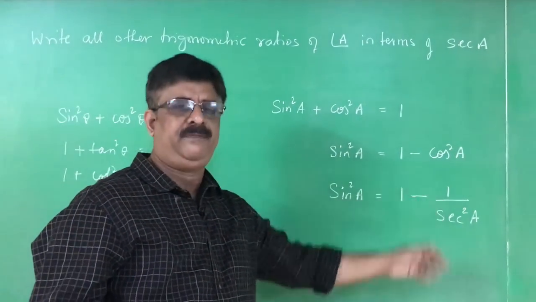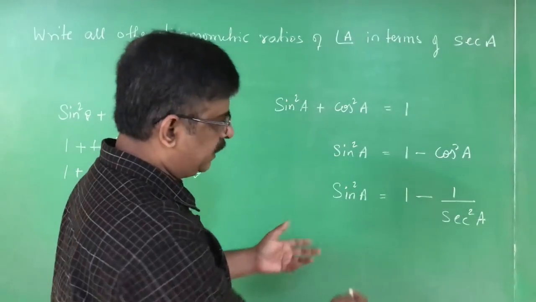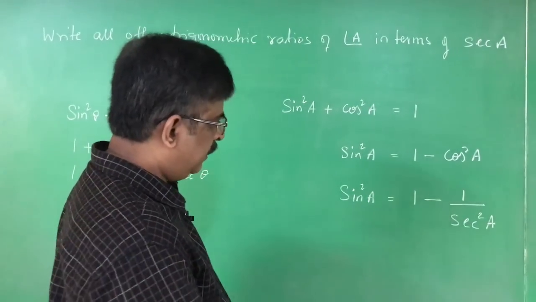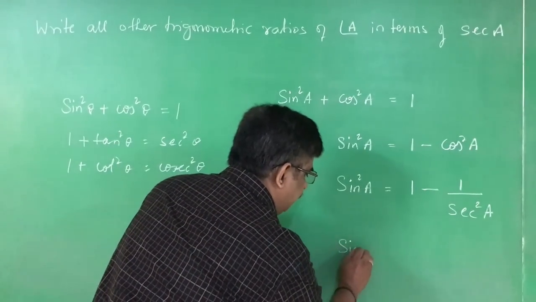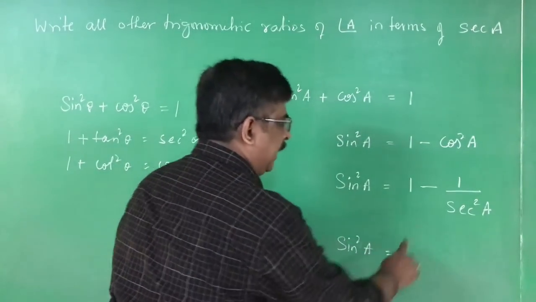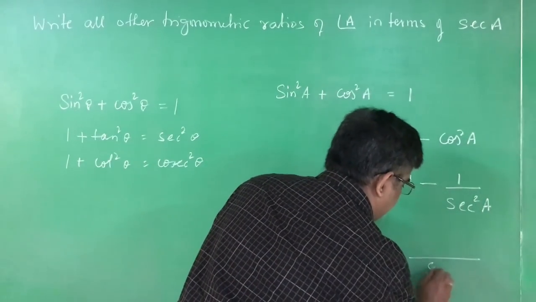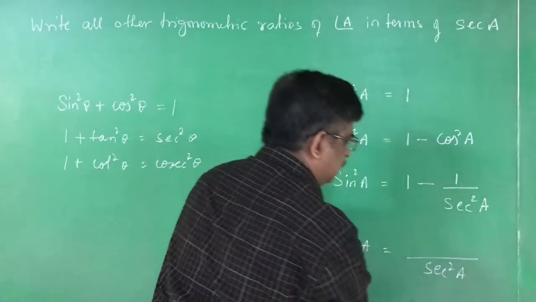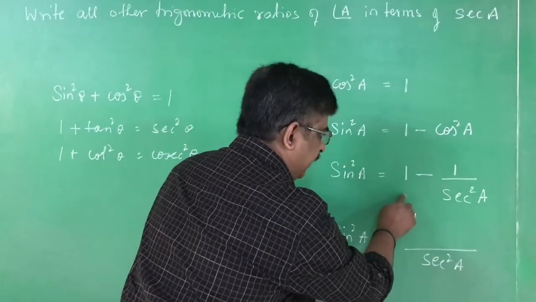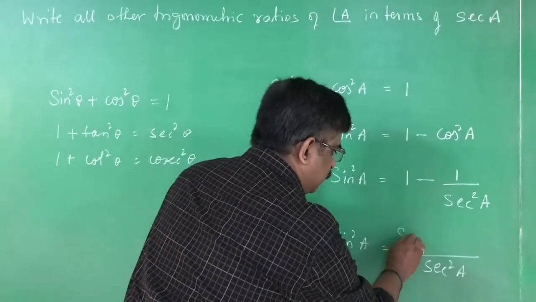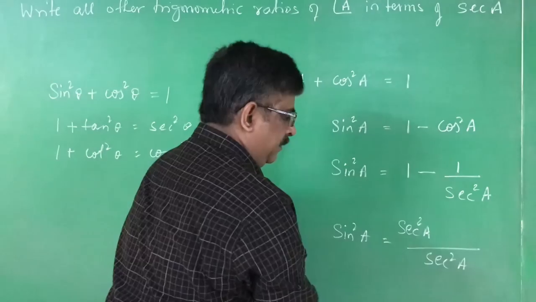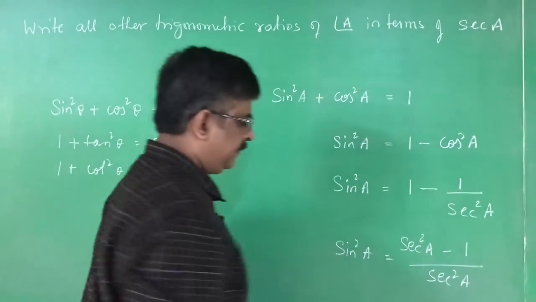Now, we have to simplify. The simplification is basic mathematics. Sin square A, the LCM of these two is secant square A. Secant square A divided by 1 is secant square A, minus 1.